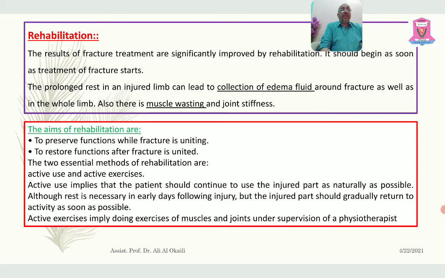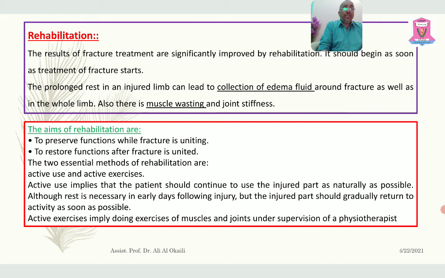So the aim of rehabilitation is to preserve function while fracture is uniting, to restore function after fracture is united, and the two essential methods of rehabilitation are active use and active exercises.